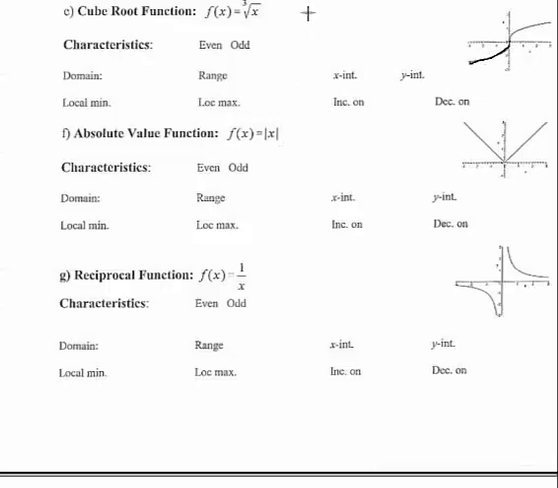So for instance, if I use a negative 8 as my input, the cube root of negative 8, what do I raise to the third power to get a negative 8? It is a negative 2. Okay, so we can have negative numbers for our input, and we can get negative numbers for our output, in that we are below the x-axis for our output.